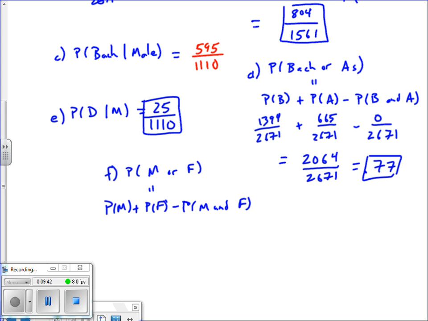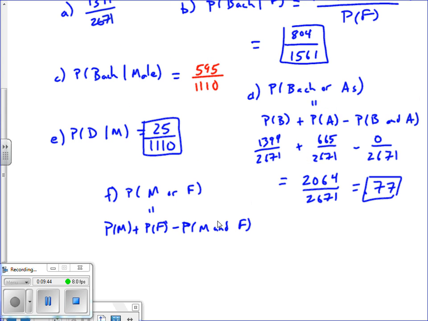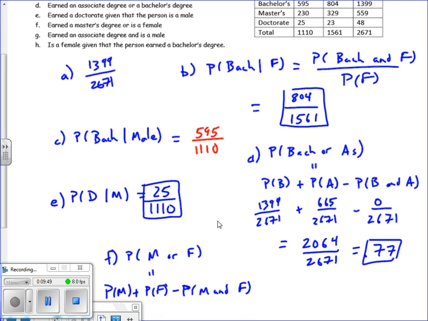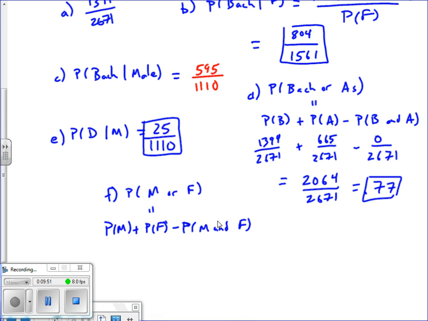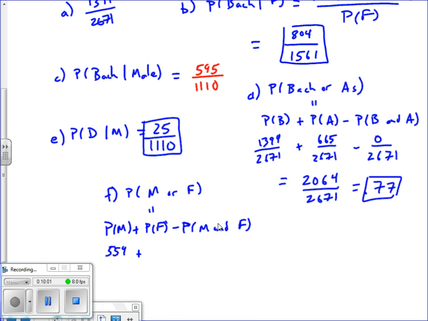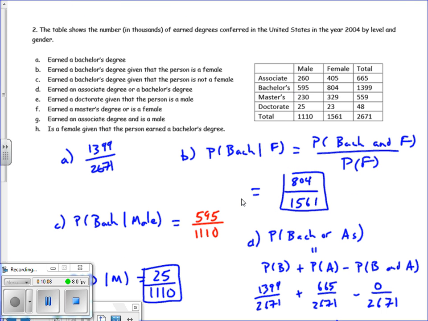It's minus. So the probability that someone has a master's, that's 559. So 559 plus female 1561, and then we're going to take out the overlap because we've counted this group of females twice, so minus 329.